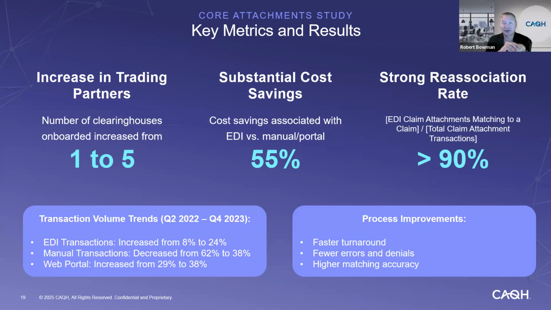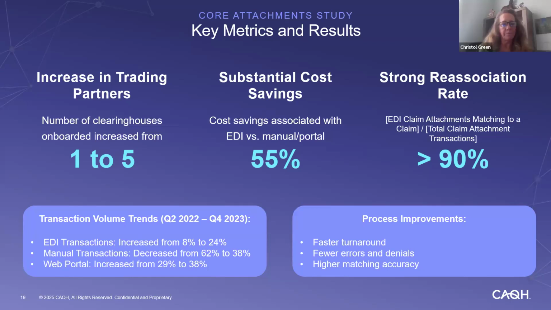Manual transactions decreased almost in half. And the web portal increased from 29 to 38%, which I would still count as a win because providers are using the portal to resolve some of the issues that were received with the notifications, the error reporting. I think, Crystal, that you mentioned is really important. They can jump into the portal and fix and adjust and make a change versus starting all the way back over at the manual step or manual process.